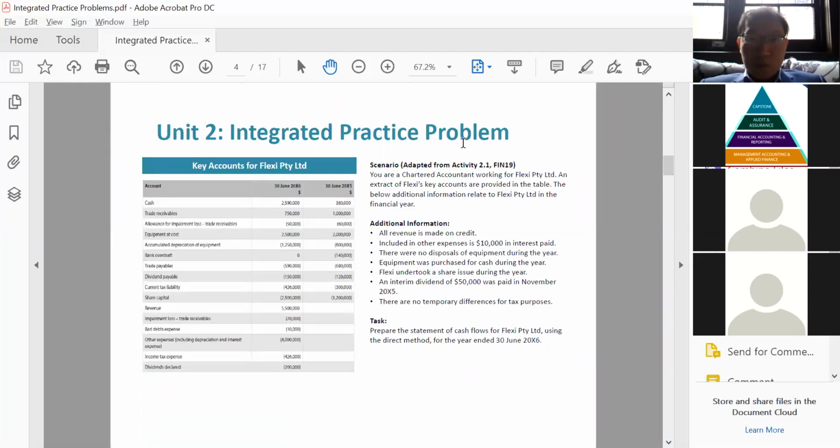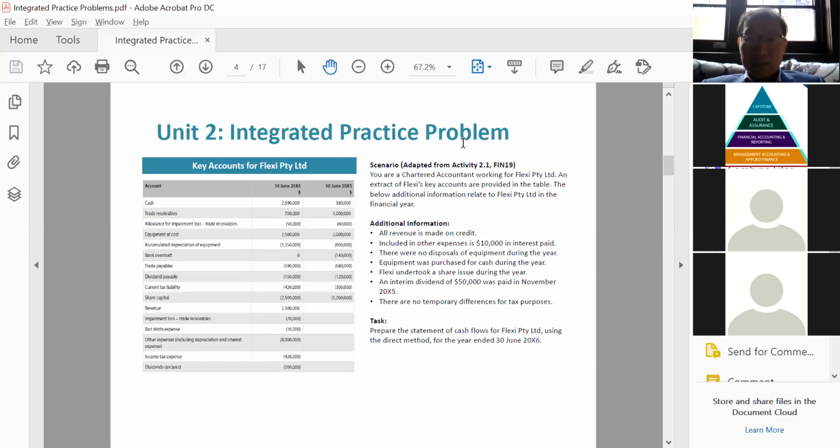So this one here, which is a cash flow problem, has been adapted from one of the activities. And again, the level of difficulty in this should be fairly similar to what you would expect in the final exam. And so if we have a look at what is the required, okay, so every time when you look at the problem, you should always read what is the required or what is the task.